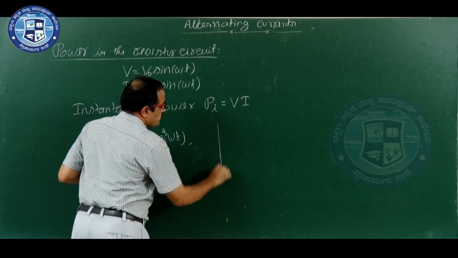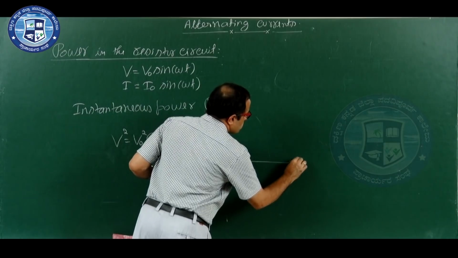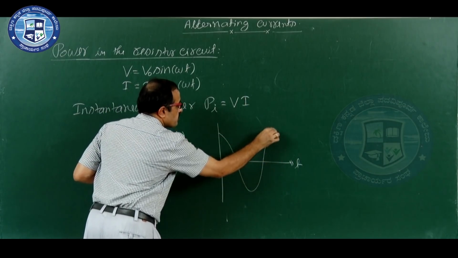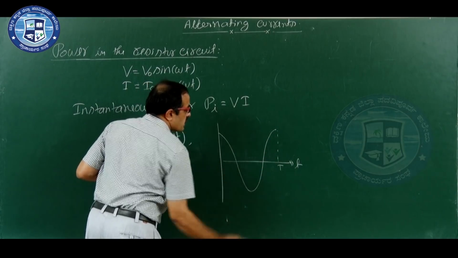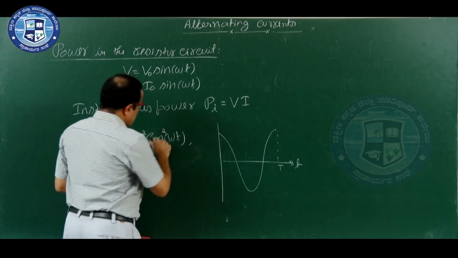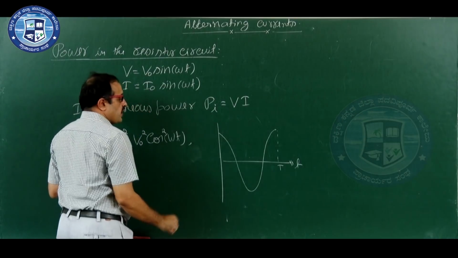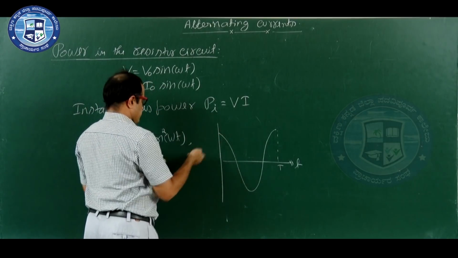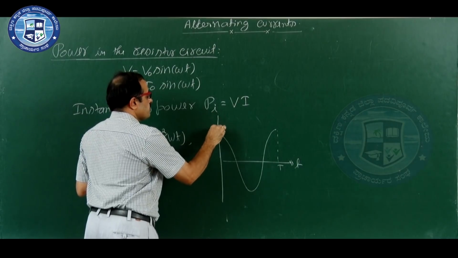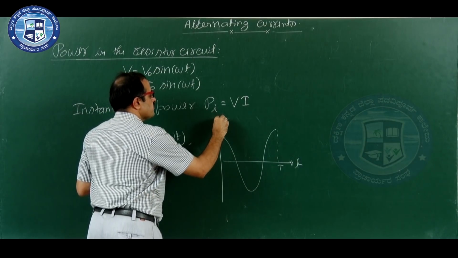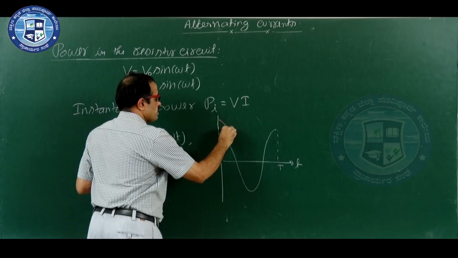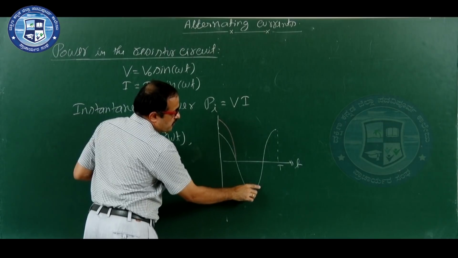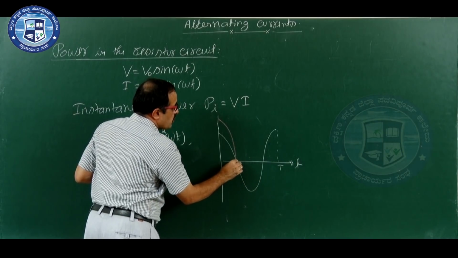Now, if you plot the graph of the cos function over the complete cycle, and take its square value, the graph will be like this. Here every instantaneous value is negative, but the square value is positive.